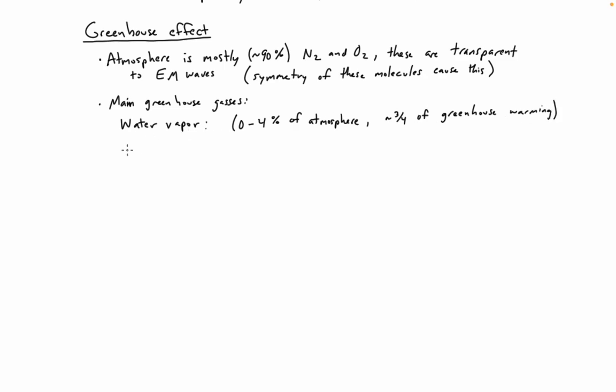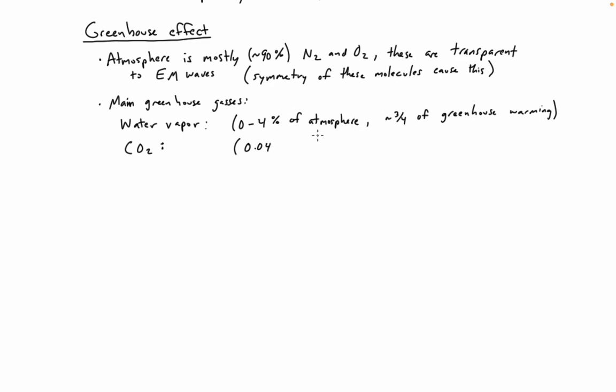And we will shortly talk about why we focus so much more on carbon dioxide than on water vapor, even though, if you just look at molecules in a test chamber, water vapor is more powerful. So CO2 makes up about 0.04.